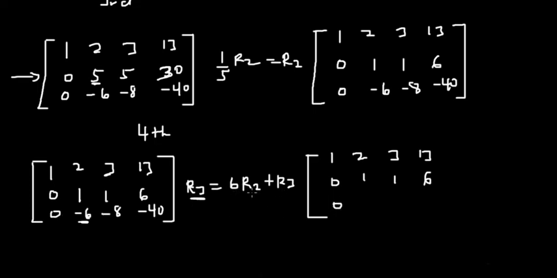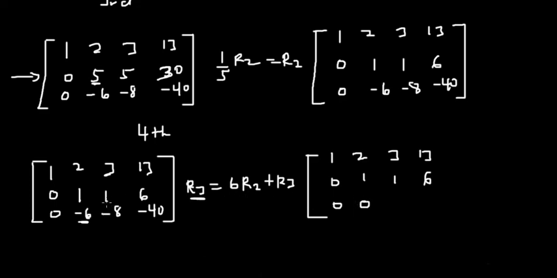So this is 6 times 0 plus 0. And then we move on to this one. 6 times 1 plus minus 6 will also give us 0.